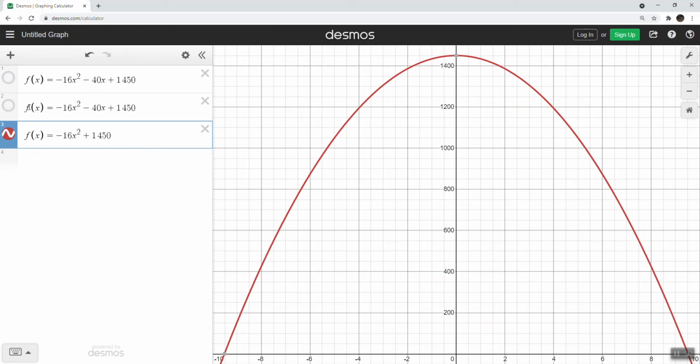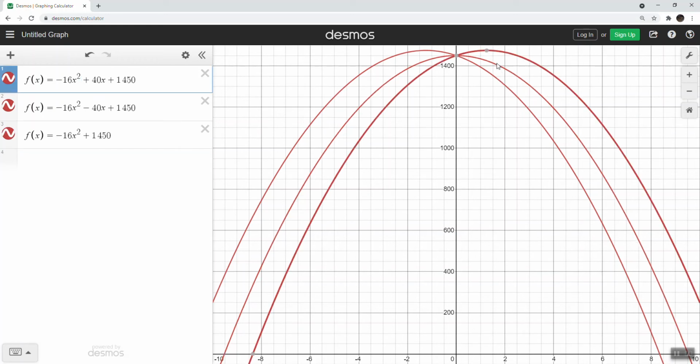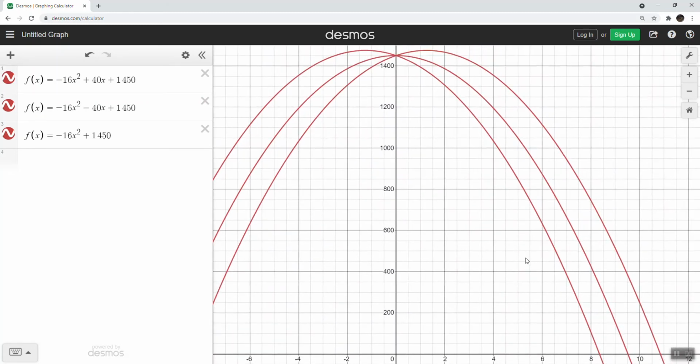And then when we throw it with an extra speed down, notice it gets to the bottom faster, which should make sense. And then if we throw it with a speed up, it takes longer to get there. In fact, the height goes above 1450, up to 1475 in this case, and then it begins falling over time over here.